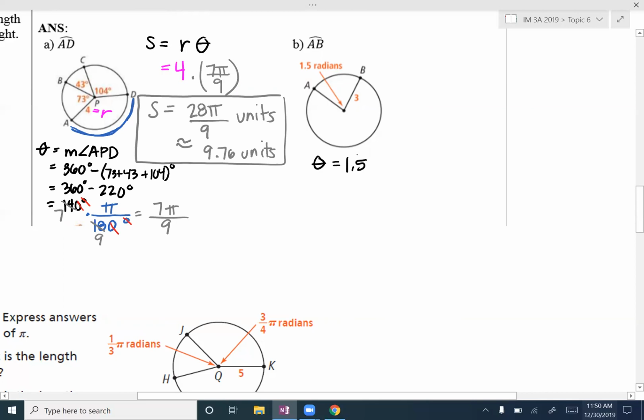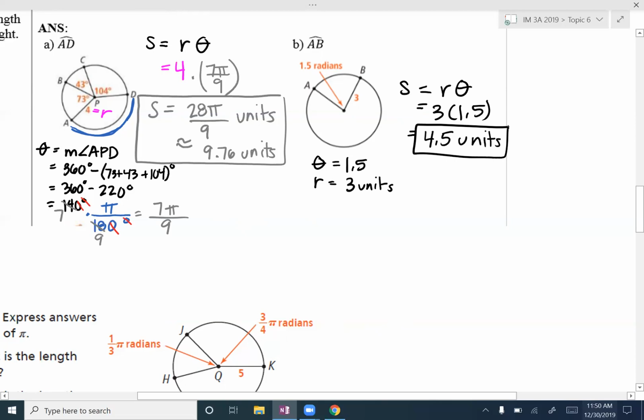Because theta is a decimal, that also means we can't write our answer in fraction form with a pi, because there's not going to be a pi in our value. We can also see from the diagram that r is 3 units. So our value for the arc length, which is r times theta, is 3 times 1.5. That means the arc length for arc AB is 4.5 units. So much easier if they give it to you in radians and if they give you the appropriate angle.